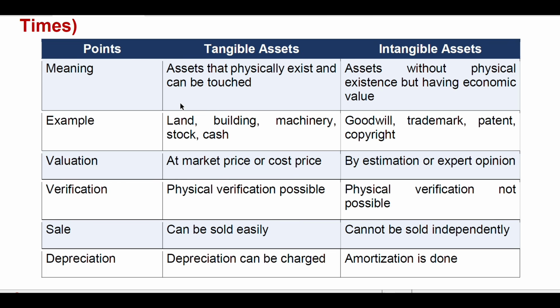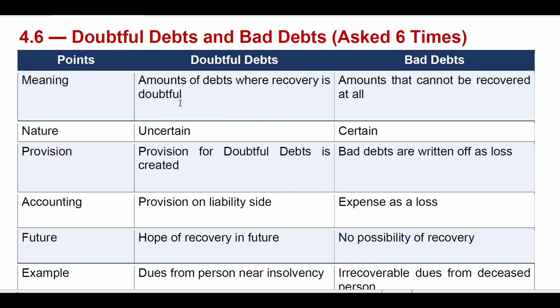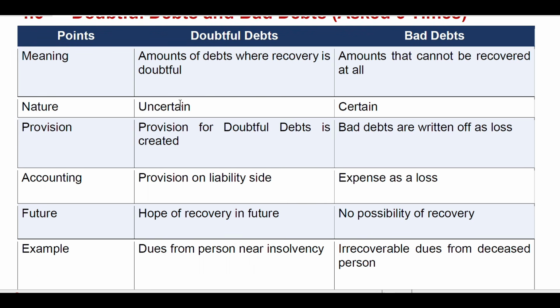Intangible assets: assets without physical existence but having economic value, like goodwill, trademark, patent, copyrights, etc. Valuation is by estimation or expert opinion. Physical verification is not possible for intangible assets, and they cannot be sold independently. Amortization is done.